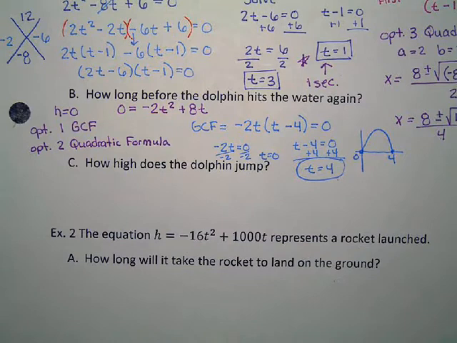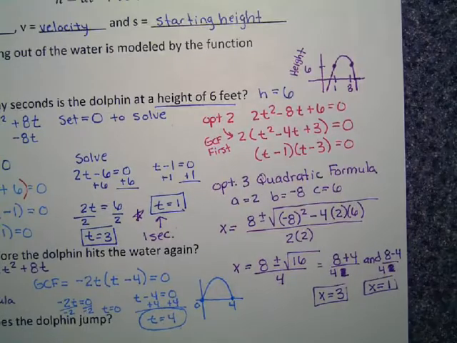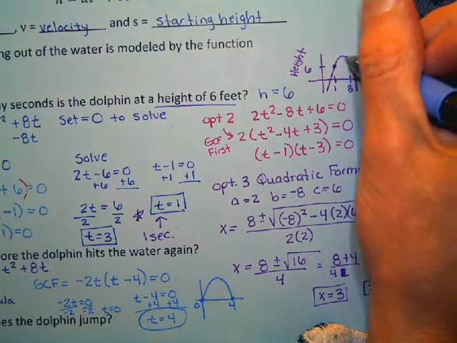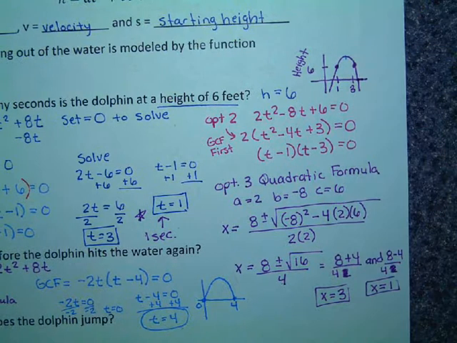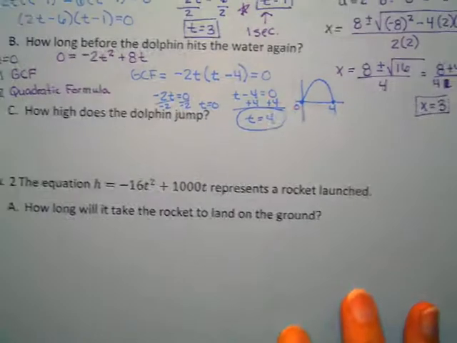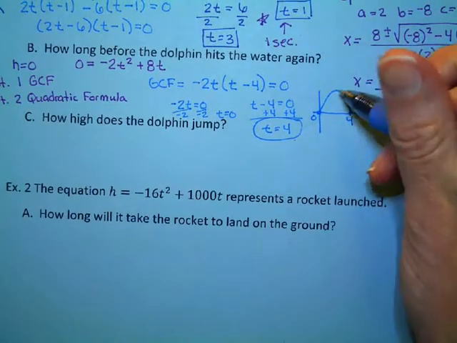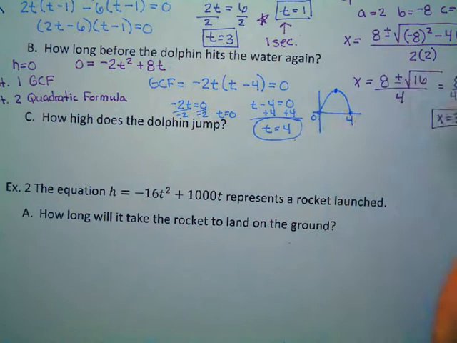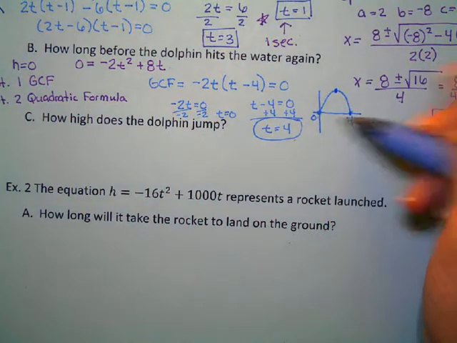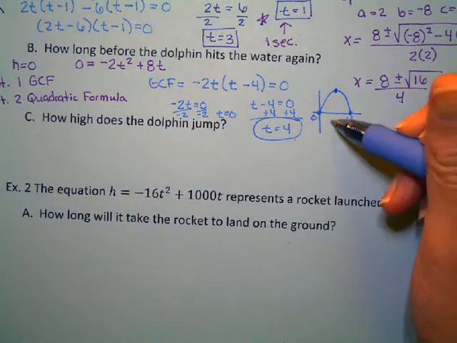So the middle of that would come out to, if it's going to go up and it's going to come back down, the middle of this is at 2 seconds. Or you can find the middle between 0 and 4, because quadratics are symmetrical, so the maximum height this dolphin's going to go should be halfway between these, we're seeing. So we're going to say at 2 seconds.